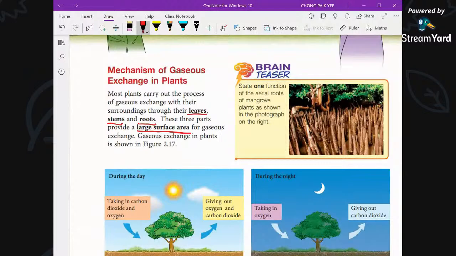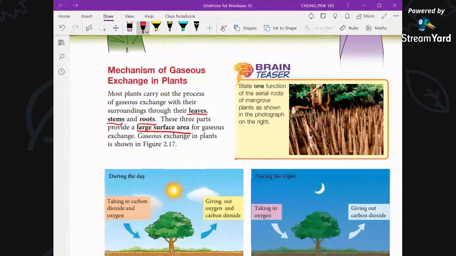That's one of the adaptations. Then don't forget you have the moisture, one layer of moisture. Then you also have thin walls, the surface where the exchange of gases happens is also very thin.